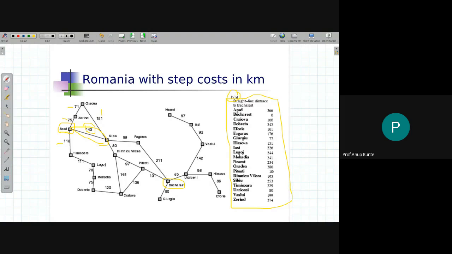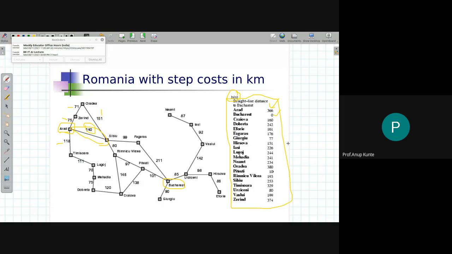So if I'm in Arad and I want to estimate the cost of reaching Bucharest from Arad, it comes out to be 366. If I'm in Bucharest itself, the cost naturally is 0, h of n, because I'm already in Bucharest. So Bucharest to Bucharest, cost is 0. Minimum cost path is 0. From C to Bucharest is 160, and for other states it is written over there. So all the cities are mentioned over here.